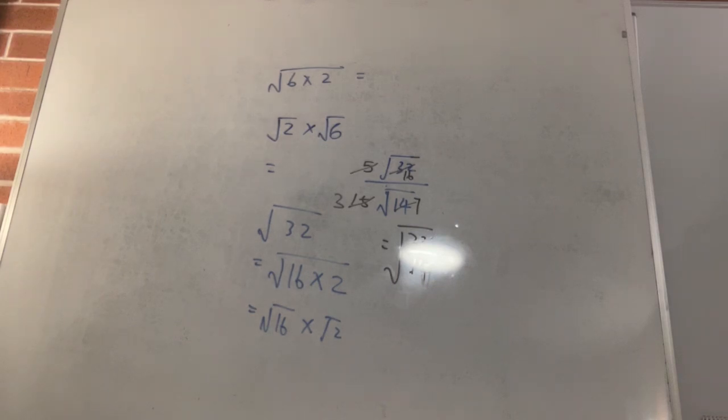Wait, is x-intercept just finding the x? X-intercept is finding where it cuts the x-axis. So do I have to just find x and y? Oh, no. This is gradient intercept.